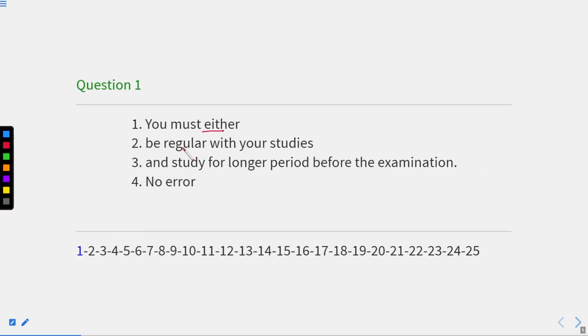You must either be regular with your studies and study for longer period before the examination. Now, we have already discussed in conjunction chapter that conjunction is further divided into two parts. You can say conjunction is of two types, single conjunction and the correlative conjunction or the pair conjunction.